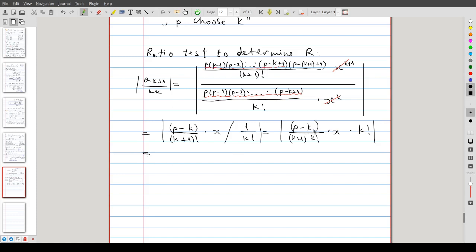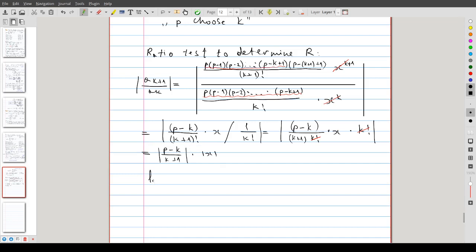And this is after cancelling out the k factorial. (p minus k) divided by (k plus 1) absolute value multiplied by absolute value of x. Alright, so this is the value of the ratio for which I must compute the limit.